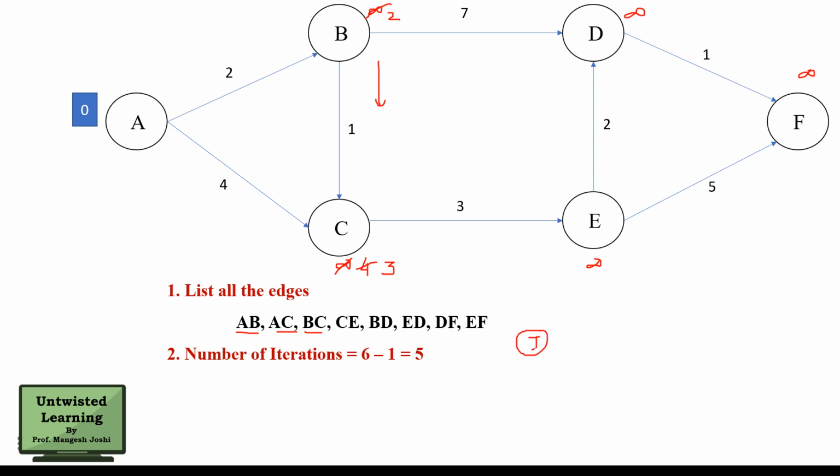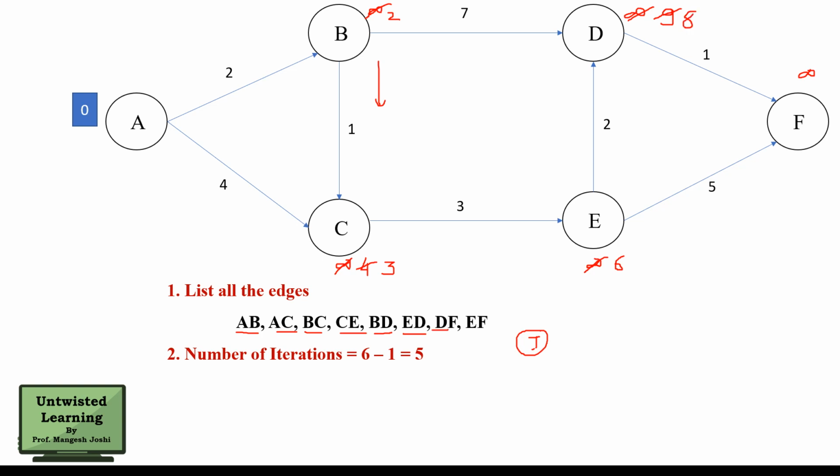Then next is CE. 3 plus 3 is 6, which is less than infinity, and hence this will be updated to 6. Then BD: 2 plus 7 is 9. Then ED: 6 plus 2 is 8, which is less than 9, so we will update it with 8.